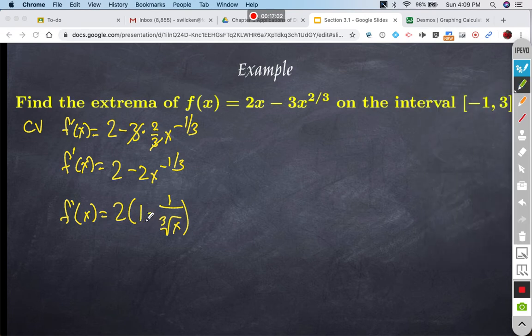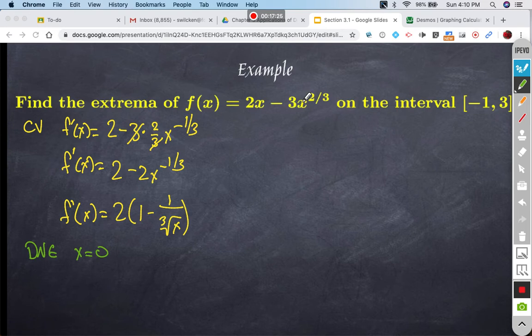Now when I look at this, I have x in the denominator right now, so I know the derivative does not exist when x equals 0. So that means this is one of my critical values where x equals 0. Notice x equals 0 does not mess up the function.